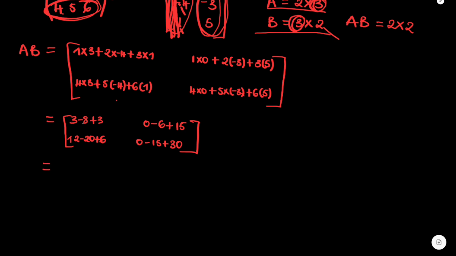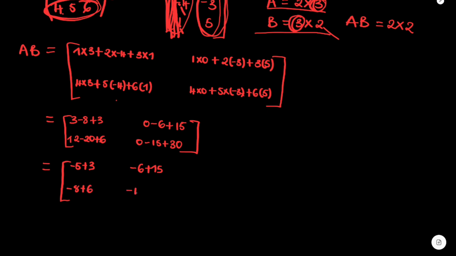3 minus 8 is -5. So here we have -5 plus 3. Here we just have -6 plus 15. Here 12 minus 20 is -8 plus 6.